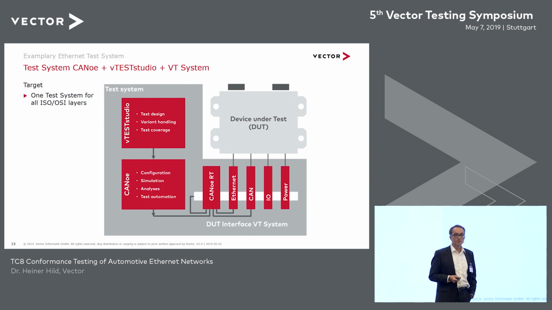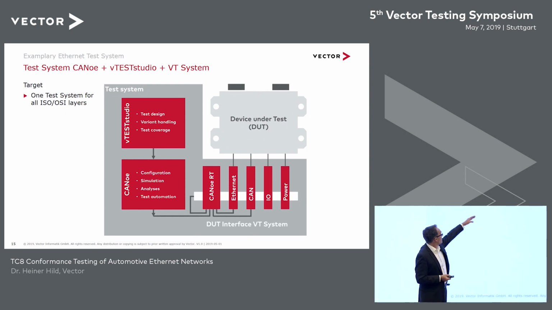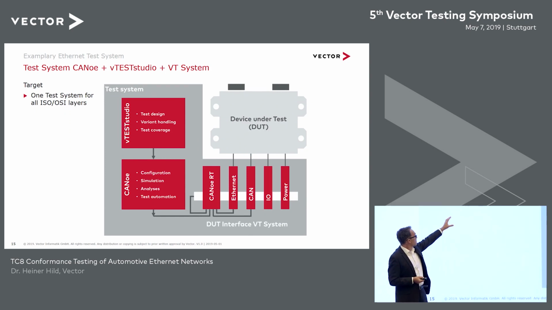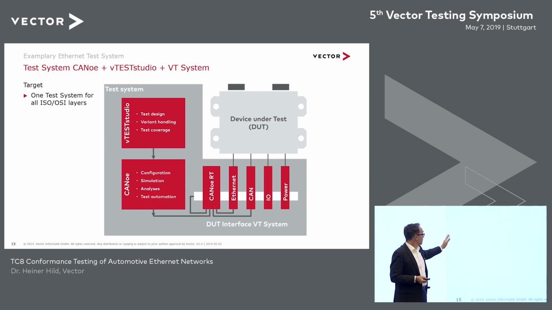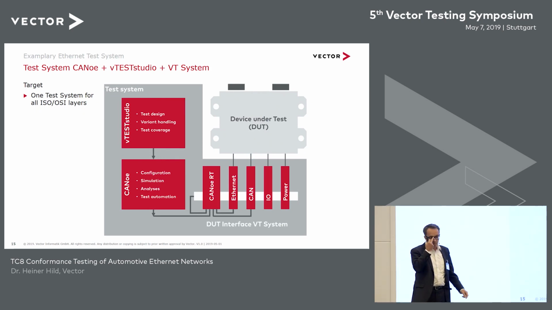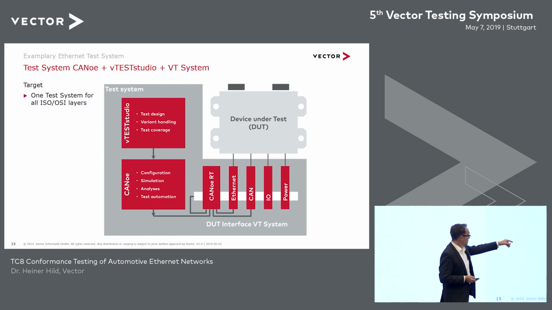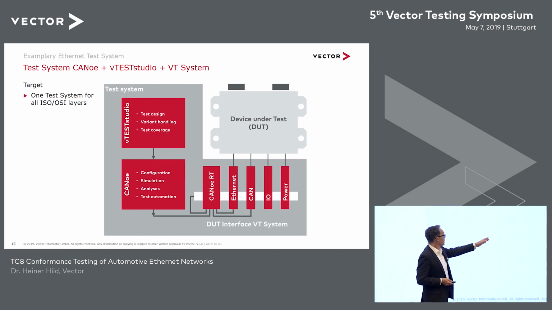So the setup is, as you've seen it several times over in the previous presentations, we've got Vita Studio, where tests are designed, where variant handling can be stored, CANoe as the central execution unit for configuration, simulation, analysis, and test automation, and of course the VT system as the interface to the device under test, with the network interface, CAN interface, Ethernet interface, but also I/O and power supply.